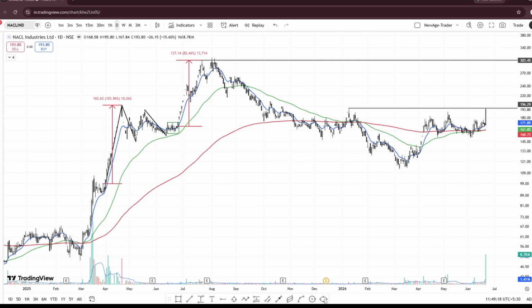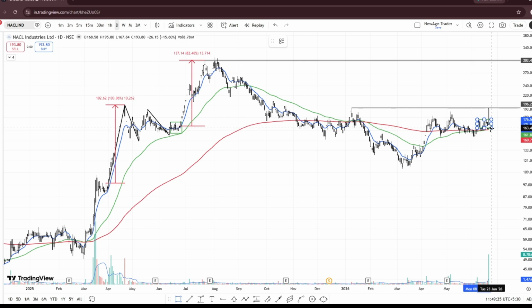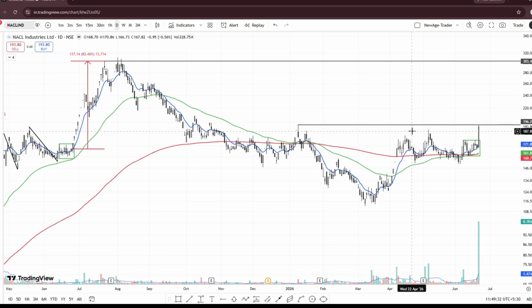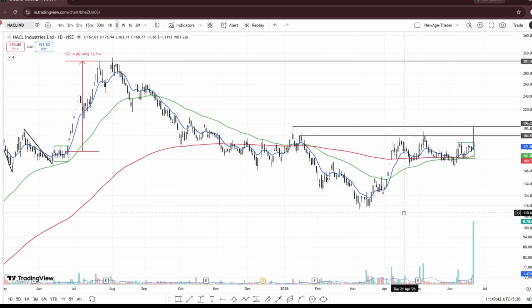See this one. When I got the stock, I could have traded this. This is a kind of VCP, but not a perfect one. Still, you can consider it a VCP. How? Up move, right? Then you will find consolidation.